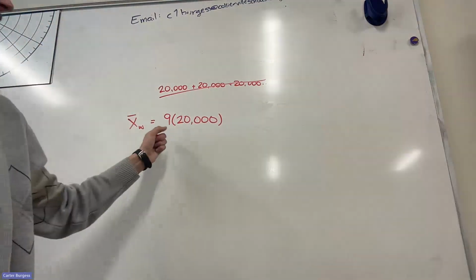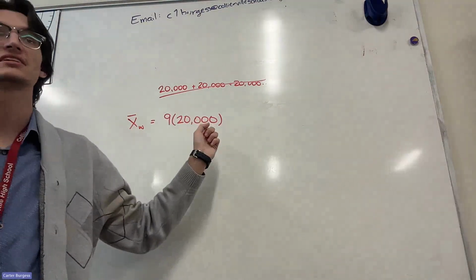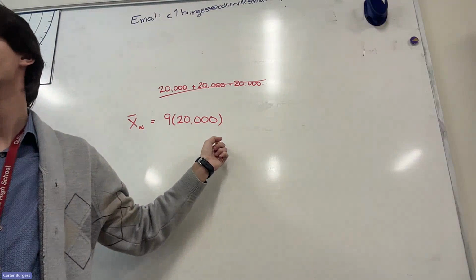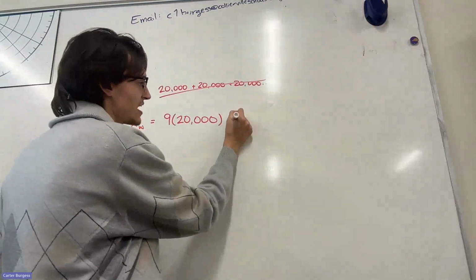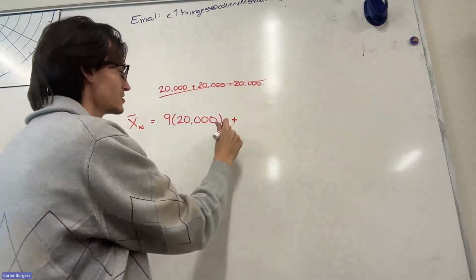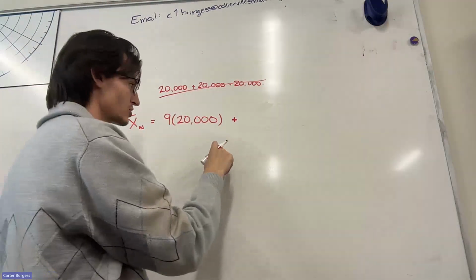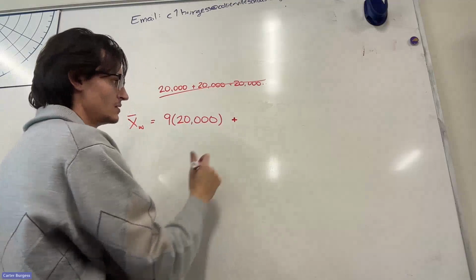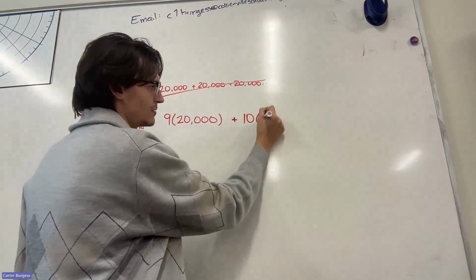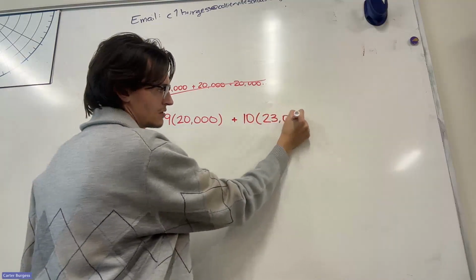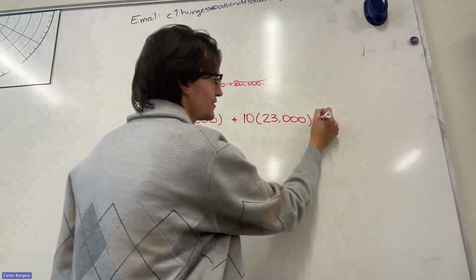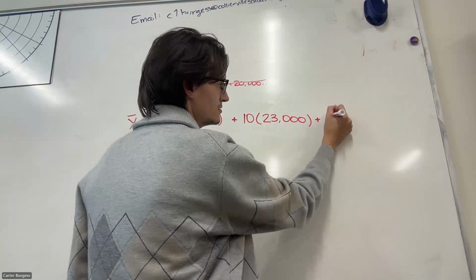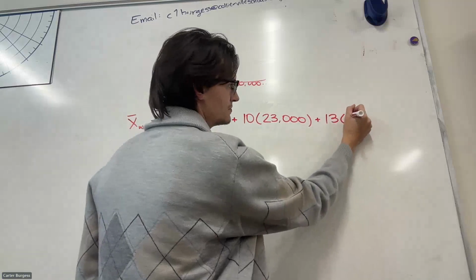The 9 is the weight, the 20,000 is the value of our variable. Well, what weight do we need to attach to 23,000? How many times do we want this 23,000 to be added up in our total lump sum? We need it to be 10 times. And then lastly for 15,000, 13.